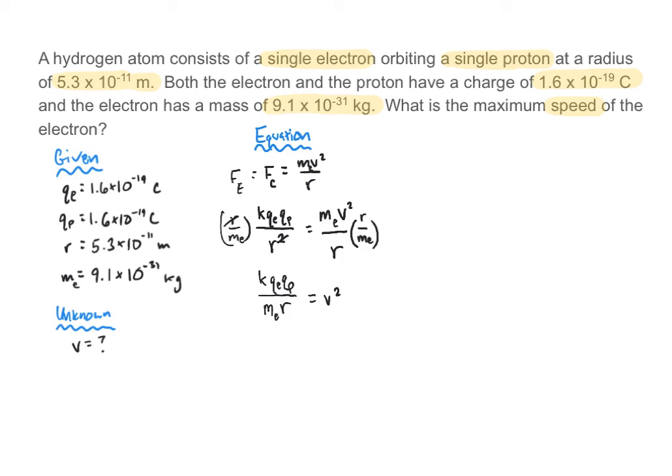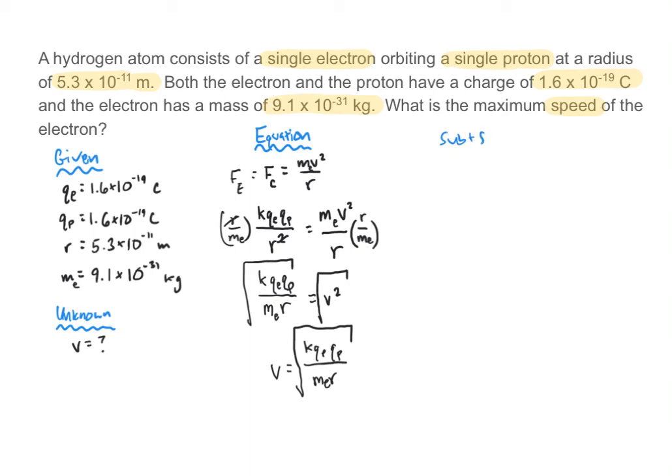And if I take the square root of both sides, so I'll take the square root here, I'll take the square root here, what I get is that v is equal to k times the charge on the electron times the charge on the proton divided by the mass of the electron times r, and the square root of that whole big ugly thing. Ugly equation, but not too hard to find, right? You guys can do this.